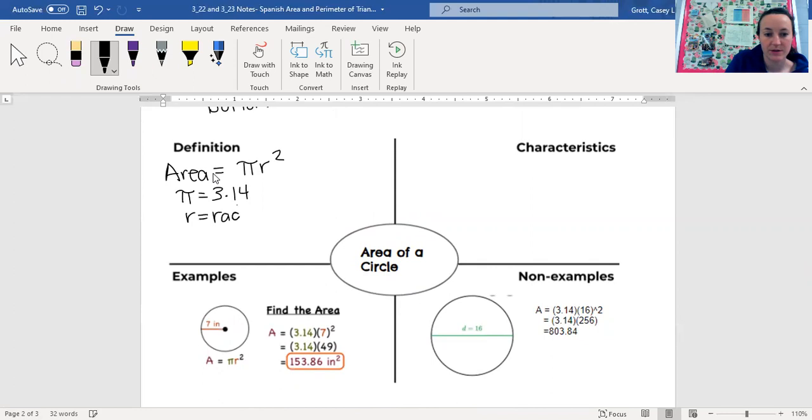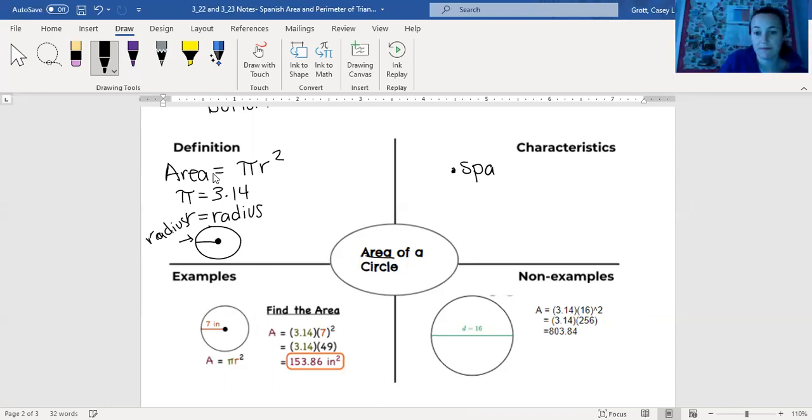R is going to be our radius, which the radius of a circle looks like this. Okay. Radius is half the distance across your circle. We're talking area, so we're still talking about the space inside.